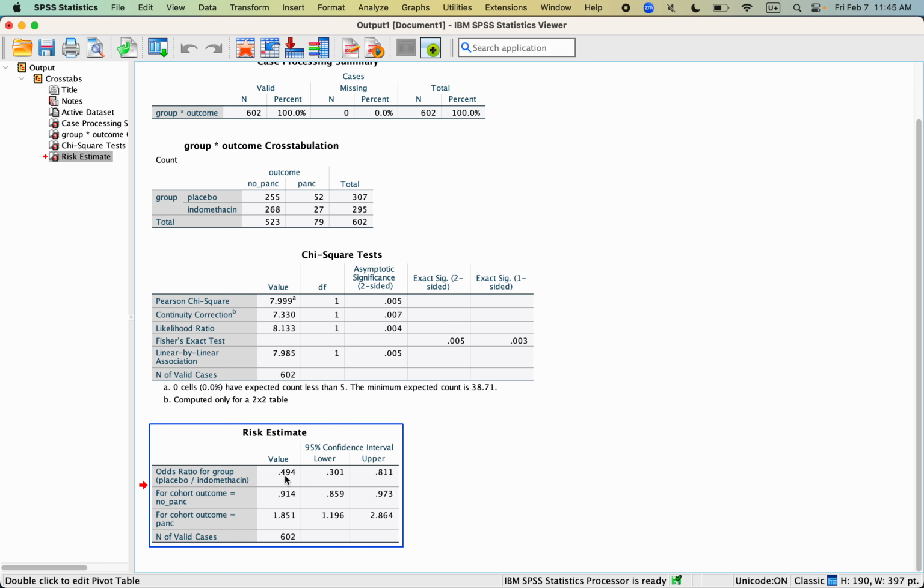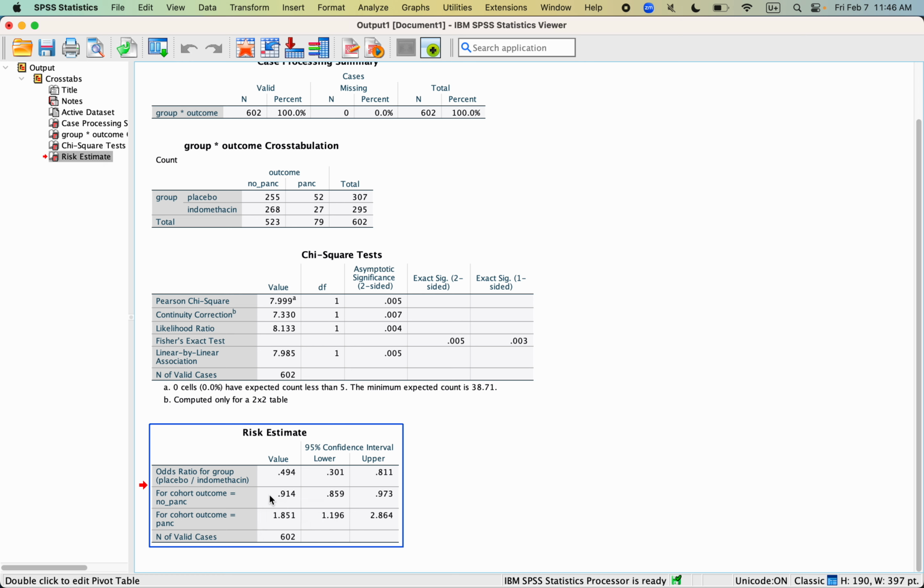But we want to talk about likelihood. We want the relative risk. And that's what comes down here in these two. Here we're looking at, for the outcome of no pancreatitis, what are we seeing in the placebo relative to indomethacin group?